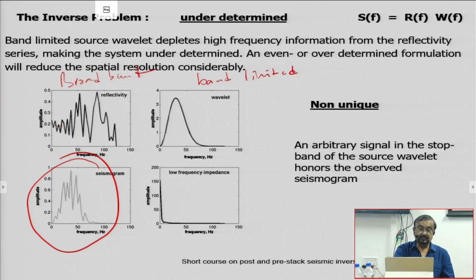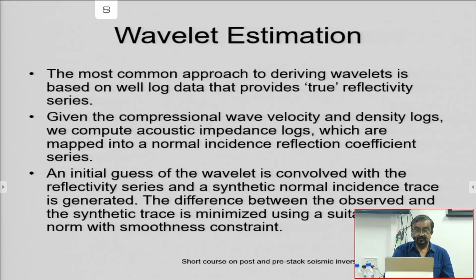So if you want to estimate reflectivity to the broadband scale, then it's impossible to do that just from the seismic data. But you can probably put in some prior constraint to be able to do that. So we'll touch upon that a little bit later. But first we look at the wavelet estimation problem.